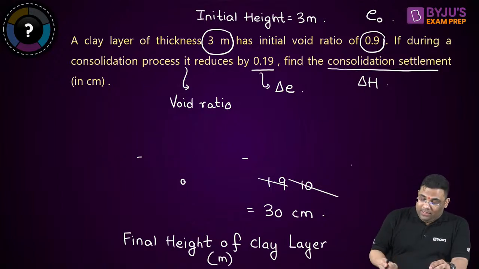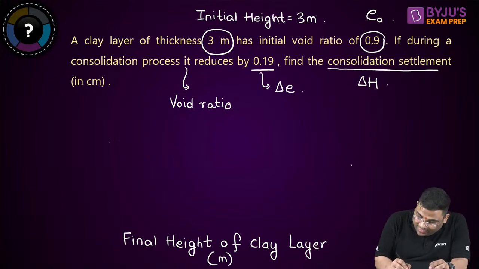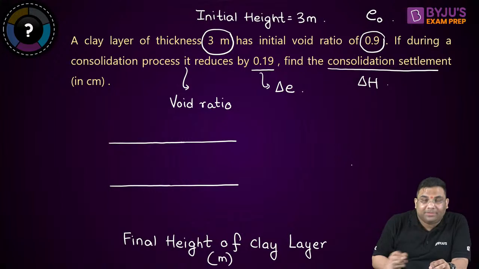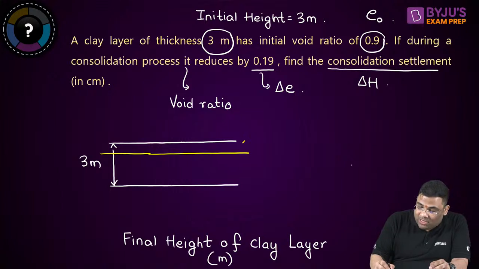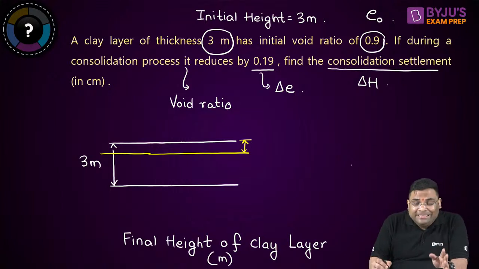So I can summarize this question as, we have a clay layer like this, and this height was 3 meter. Now we found out the settlement of this clay layer as 30 centimeter.